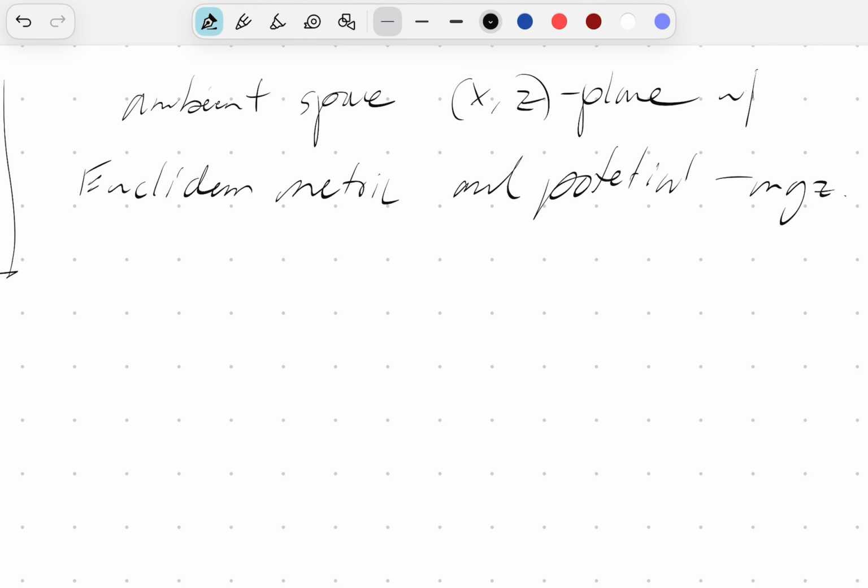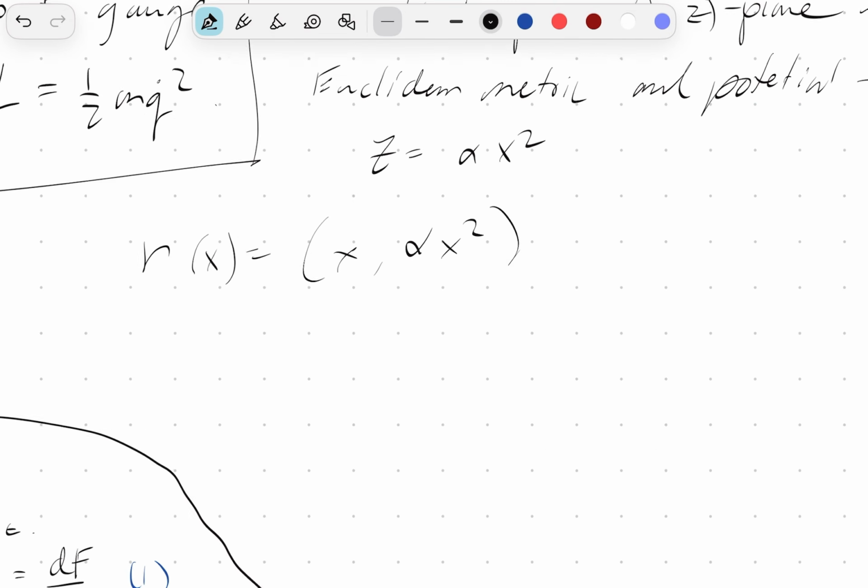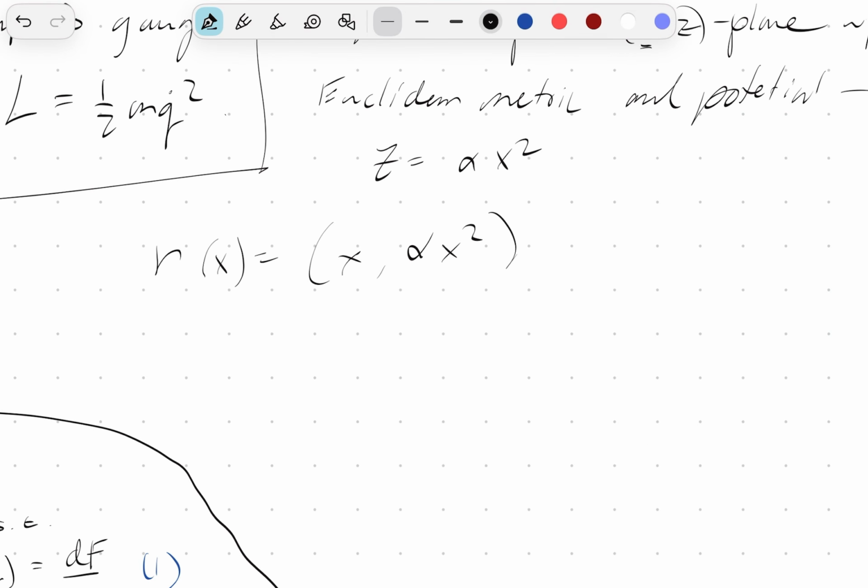Now the particle is going to be constrained to a parabola, so we'll take z to be alpha x squared, and the position is completely determined by the generalized coordinate x. So we'll take x as the generalized coordinate, and we can parameterize the curve as an ordered pair.